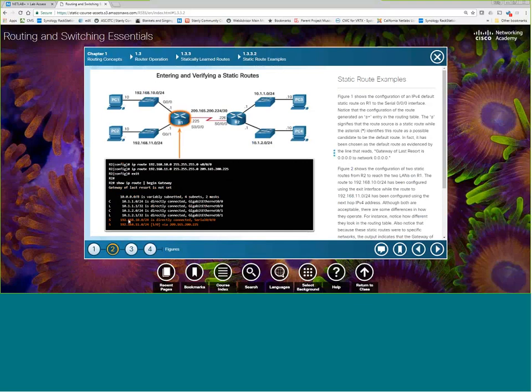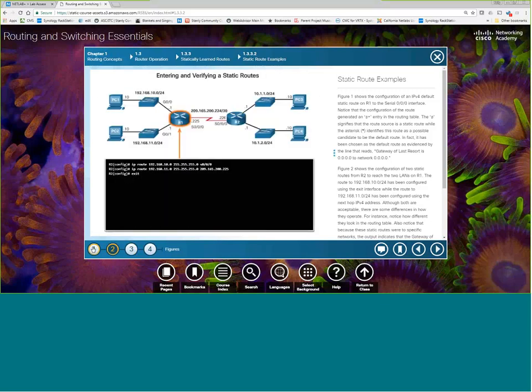On R2, we're going to go in and put a static route to 192.168.10.0 out S000. So it says to get to the 10 network, go over here, and to get to the 11 network, go over here. And in this example, they don't have the internet up here, so you don't have a default route on R2. In this case, everybody could talk to everybody because you've got static routes.